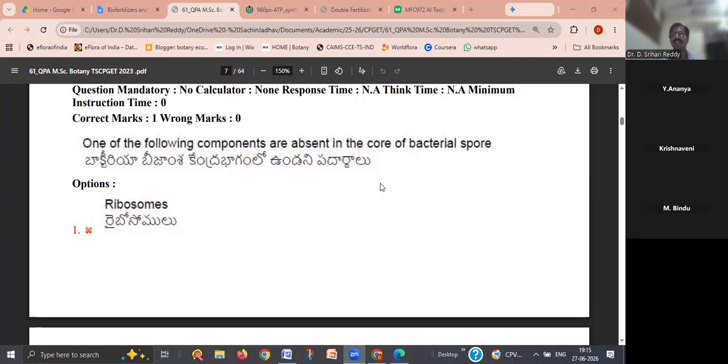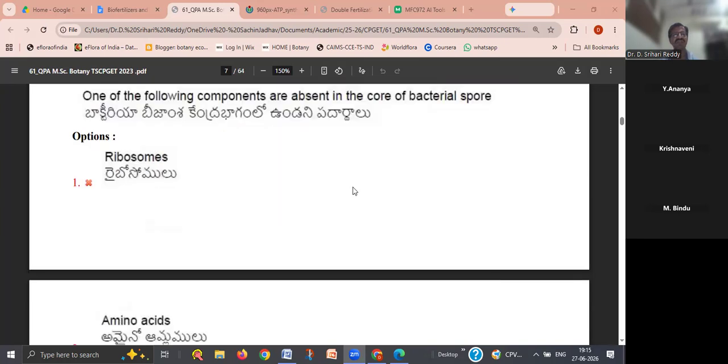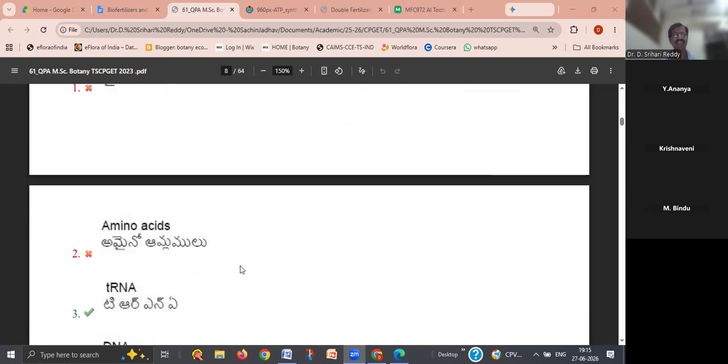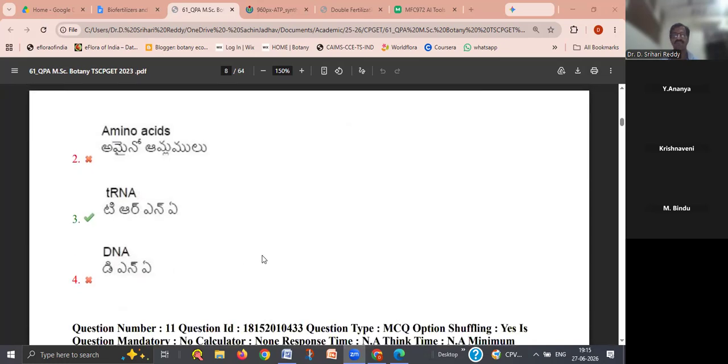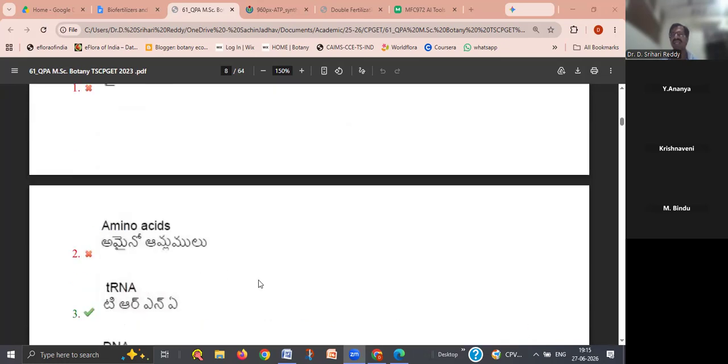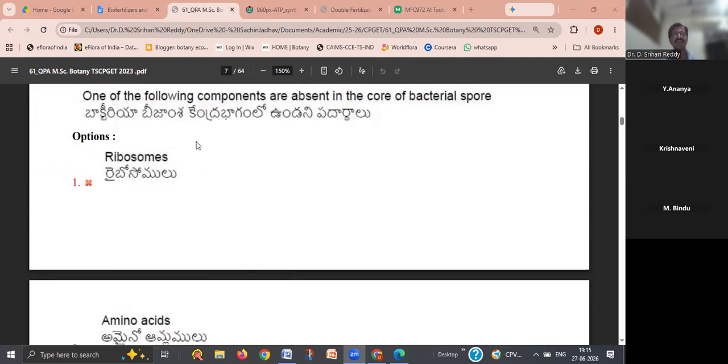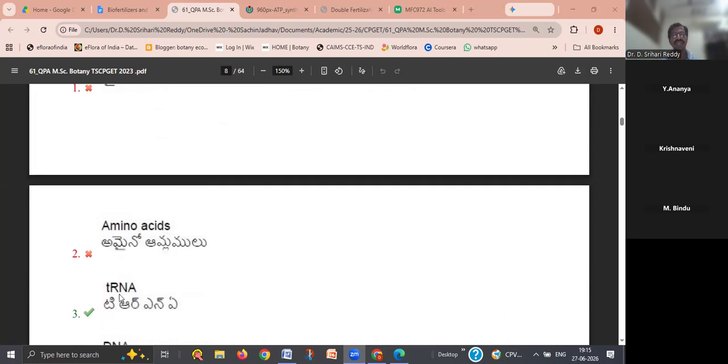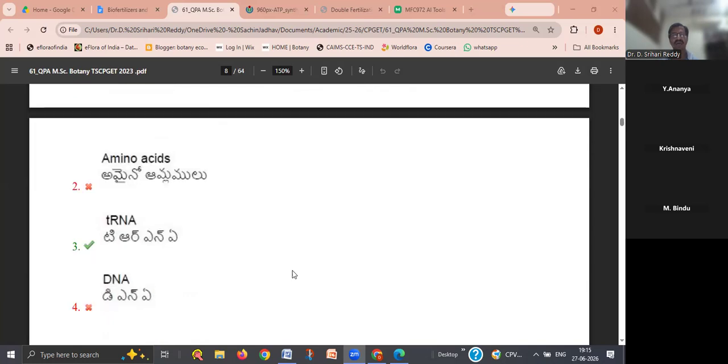They are also called endospores, which consist of ribosomes, amino acids, and DNA. But there is no tRNA in the spores of bacteria, in the endospores. So the right answer is tRNA. tRNA is not found in the spores of bacteria.